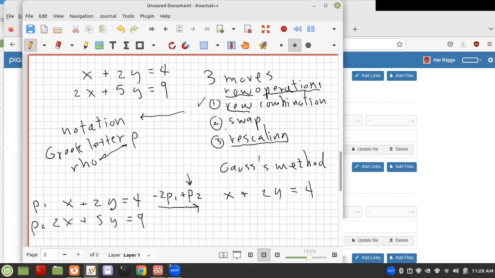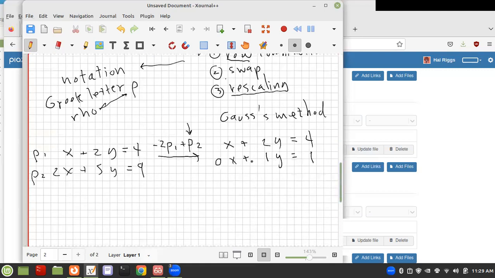And we're going to add them term by term. So we're going to take -2 times x plus 2x. Well, that's -2x plus 2x, which is 0x, plus -2 times 2y, which is -4y, and -4y plus 5y is just 1y, and -2 times 4 is -8, and -8 plus 9 is 1. So here's my new system.